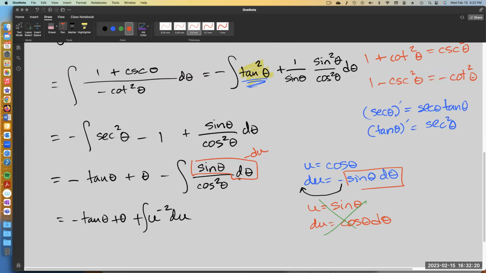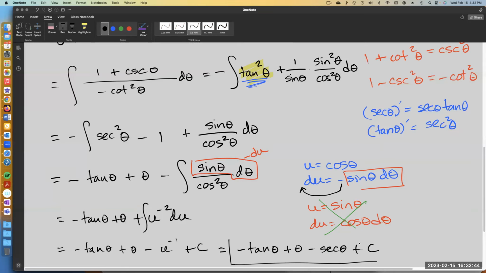And that minus will come to the front. This is now integrable. And then our final step is to back substitute 1 over cosine, which is secant. And that'll be our final answer.